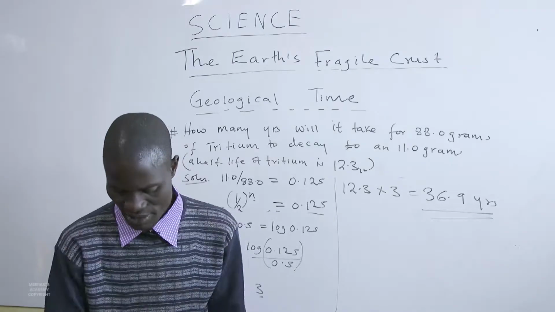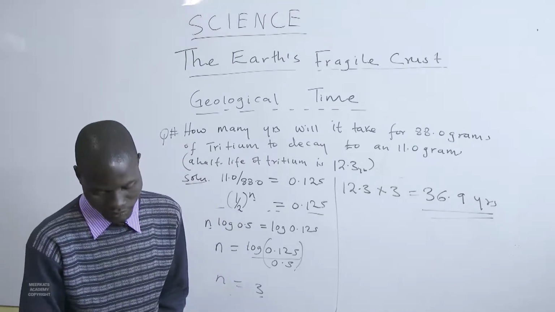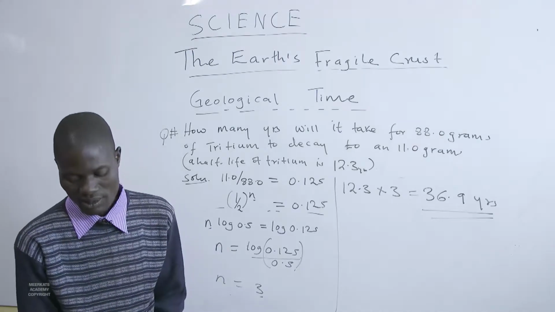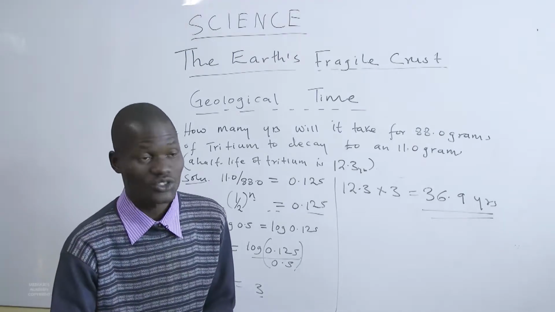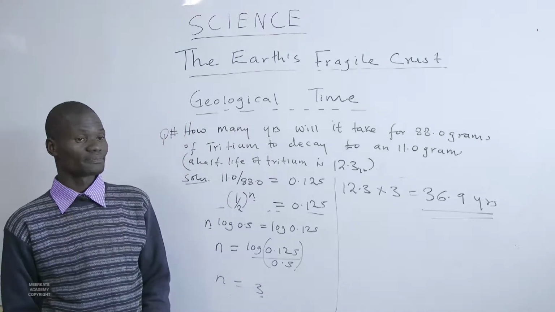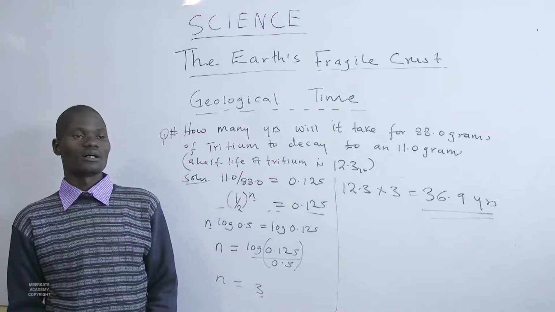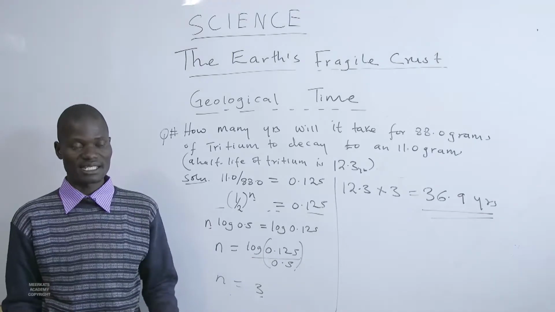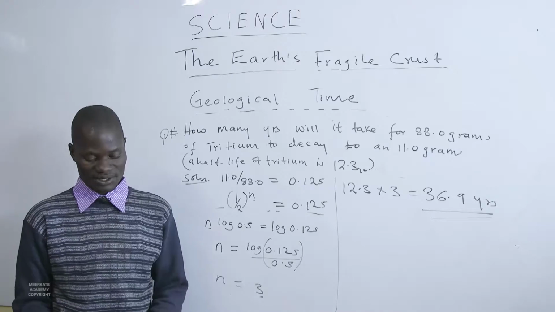Having looked at this, we are going to look at many others in what we call the radioactivity series. This is how radiometric dating is done under absolute dating.